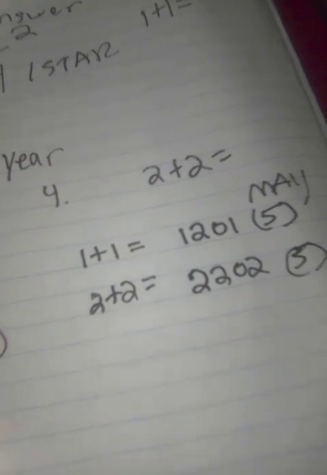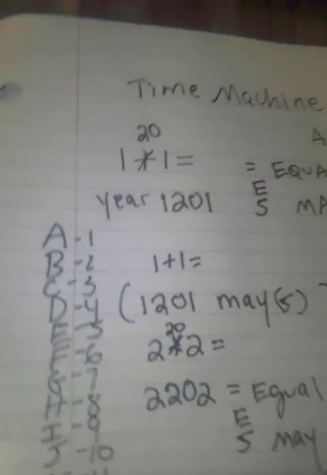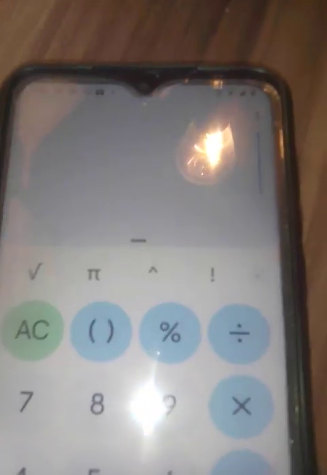Okay? Now we're going to take this and we're going to subtract. All right. So we're going to put this in subtraction. So we're going to subtract the year 2202 from the year 1201. Okay, let's do it. Clear that out.